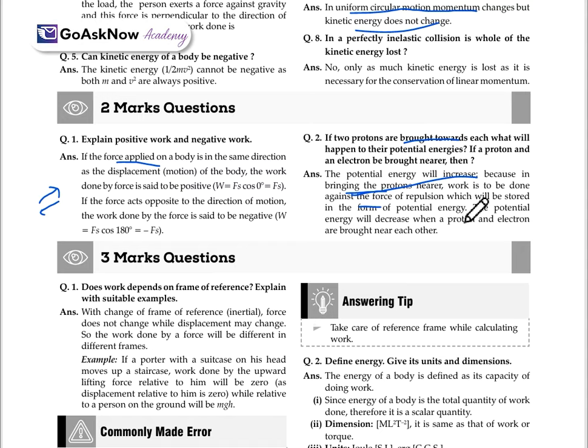But if the proton and the electron are brought nearer, the potential energy will decrease in this particular case.